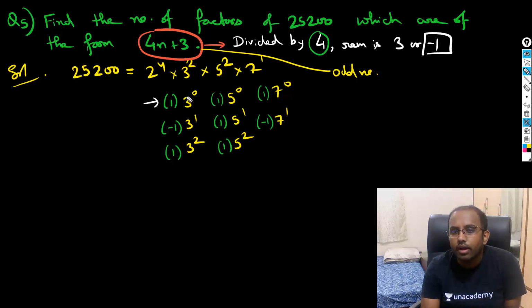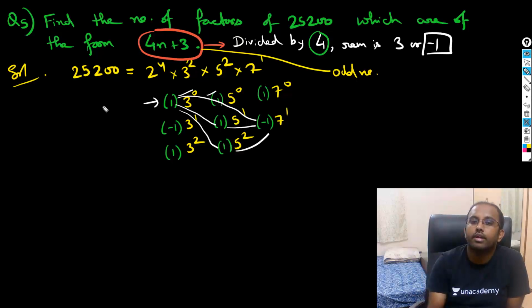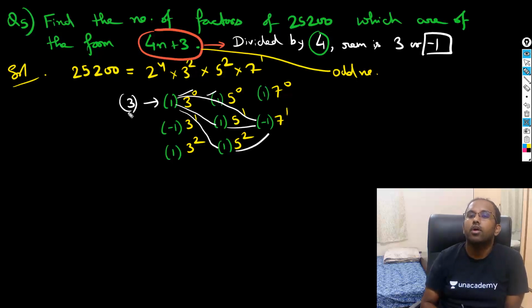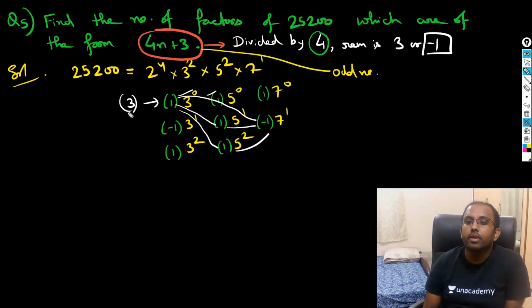Like 1 into 1 into -1, and so on. So with this 3 raised to 0, I can form 3 factors which on dividing by 4 will give me a remainder of 3 or -1.